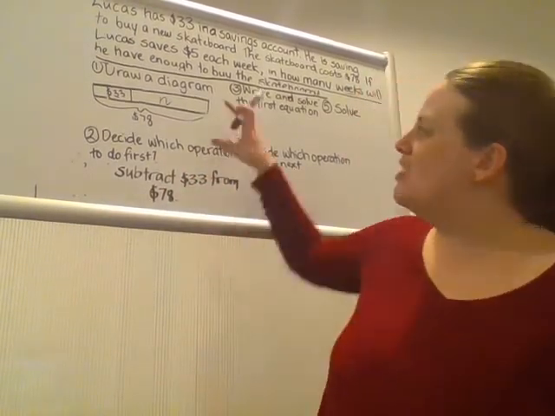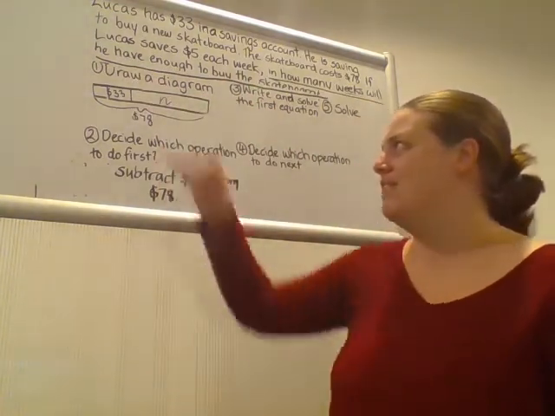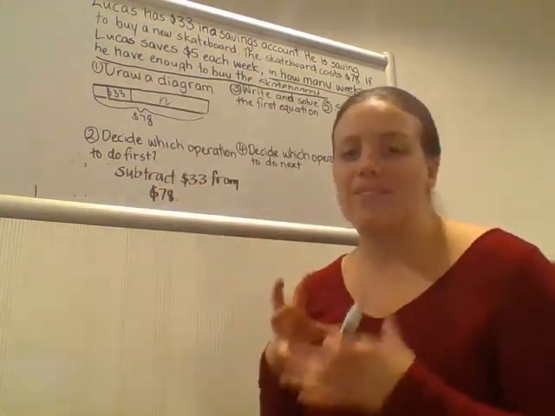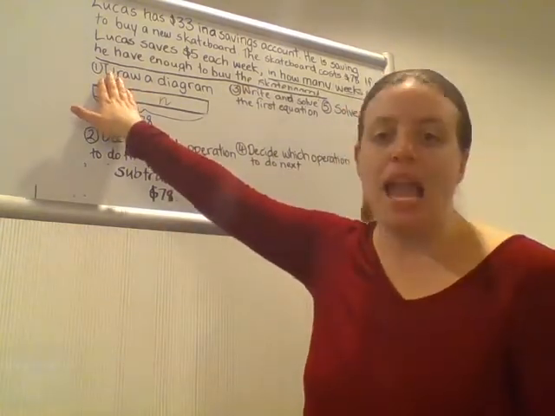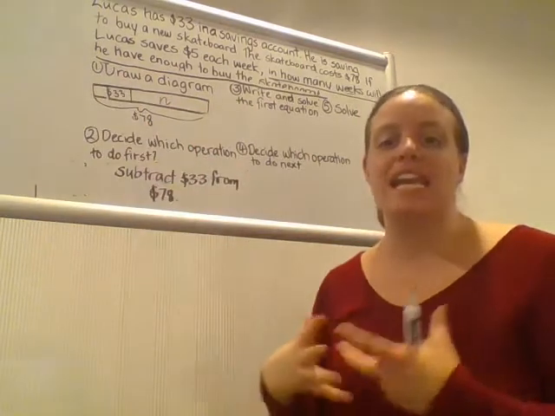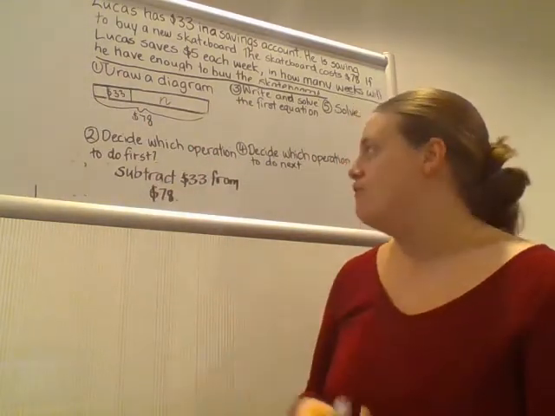The reason I'm going to do that is that if I know that the total for the skateboard is $78 and I know I've already got 33, then if I subtract that 33, I'm left with my unknown. I'm left with the amount that he is still trying to save.